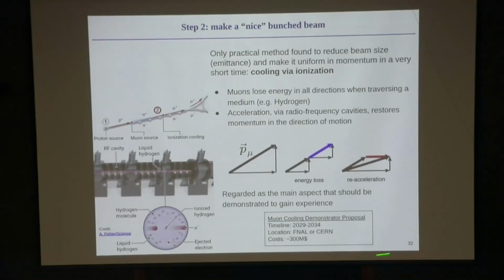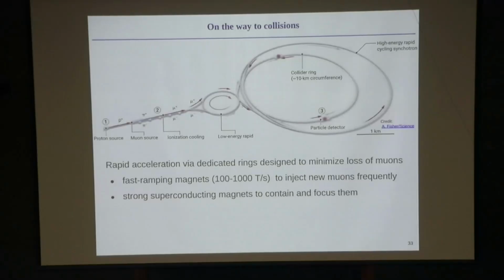This topic is the aspect of a demonstrator facility proposal, which is proposed to be constructed either at Fermilab in Chicago or at CERN to operate, let's say, at the beginning of the 30s, with a pretty stiff cost, but still a relatively small cost compared to the full facility. But this is regarded as a huge stepping stone in the feasibility of a muon collider. So now we have this beam of muons.